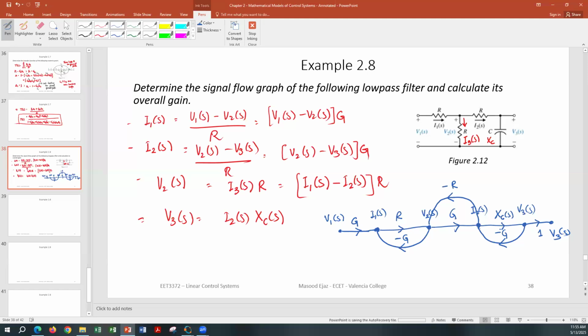So that circuit represented as a signal flow graph is going to look like this, using these equations, of course. Yes, that's what we're doing. That's why it's important to write the equations first before you draw the signal flow graph.